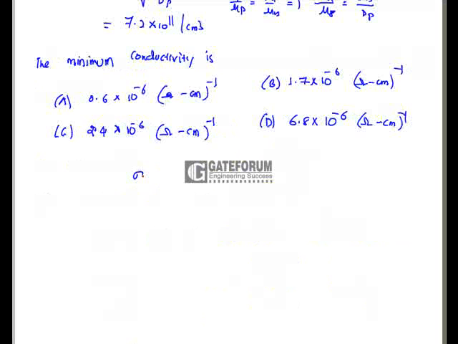Comes to the minimum conductivity, sigma min is equals to 2q Ni under root mu n mu p.